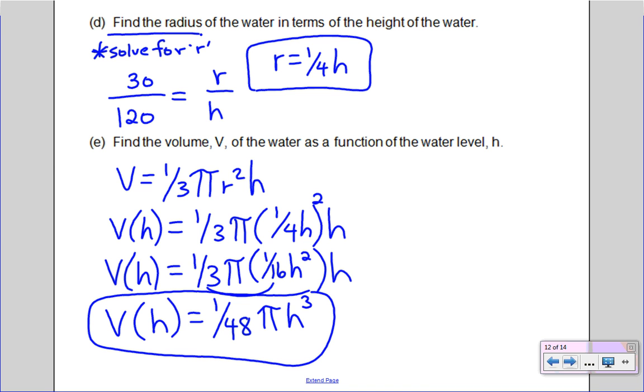Okay, so if we wanted to find the volume of the water when the height was, say, 20 meters, then you could plug in 20 for h and then work out that equation and find the volume of the water. Okay, so that is function applications with cones.